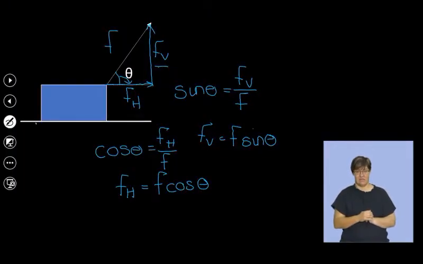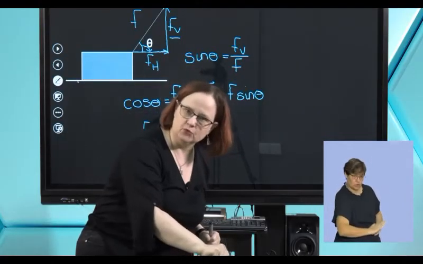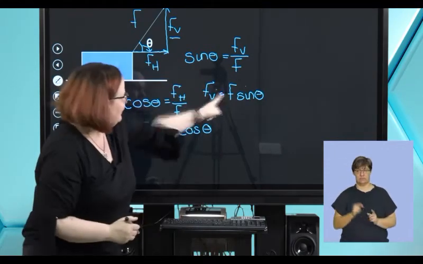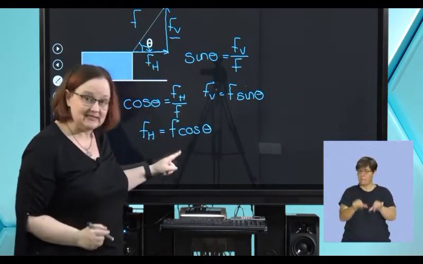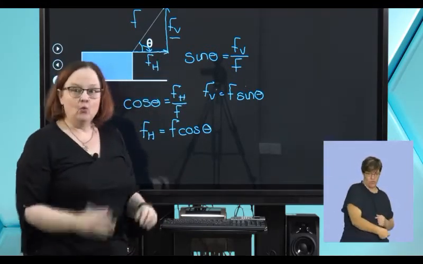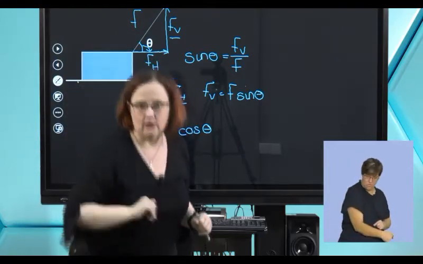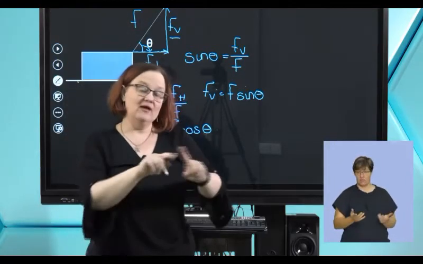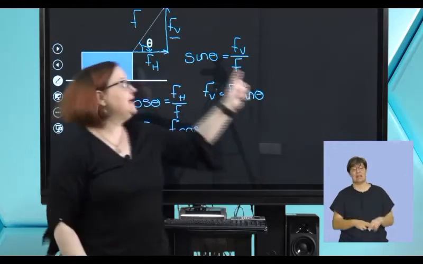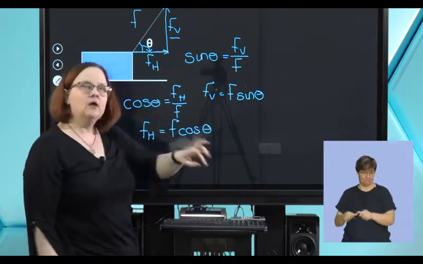The only thing that can change is instead of making it a pulling force, I make it a pushing force. These equations stay the same. The difference is just the direction. If it's a pushing force, then the vertical goes down, and whether it goes left or right depends on which way that force is going. But it's the same thing.